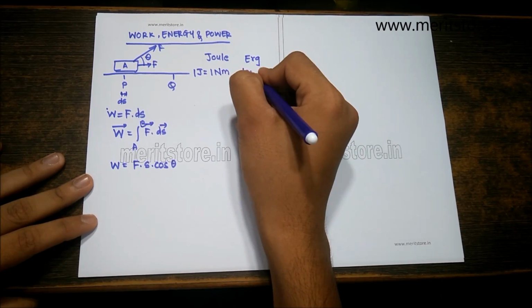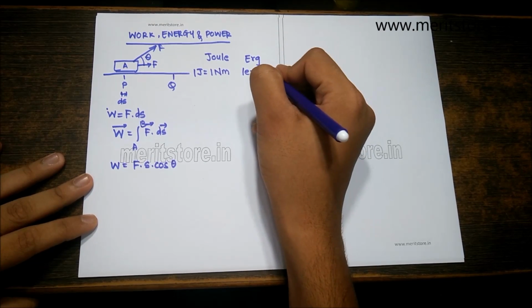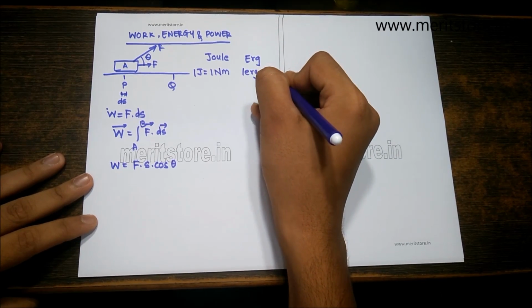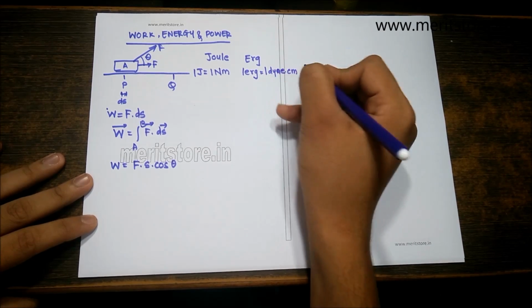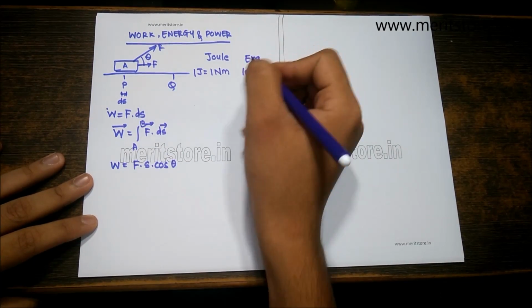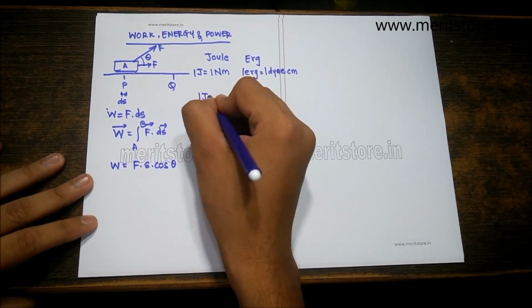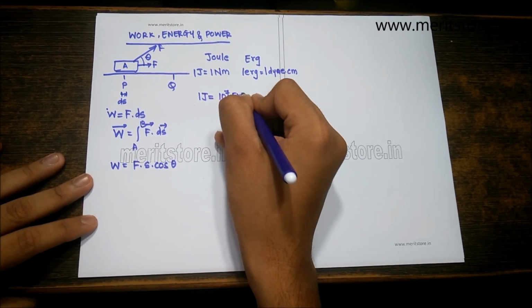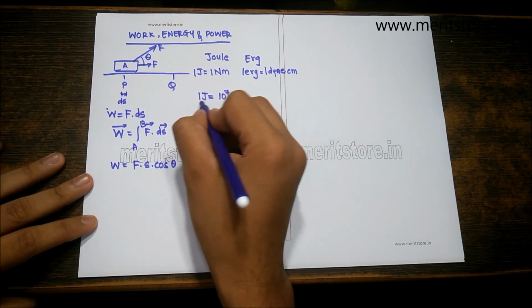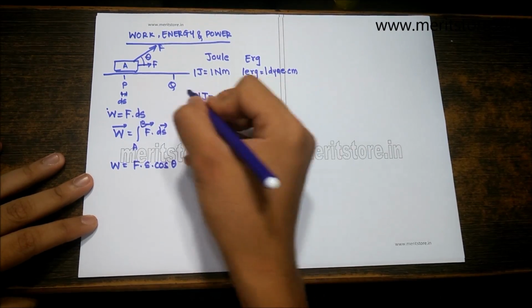While 1 erg is basically 1 dyne of force to move a body by 1 centimeter. So the relation between joule and erg is 1 joule is equal to 10 raised to 7 erg. This is an important relation which you need to remember.